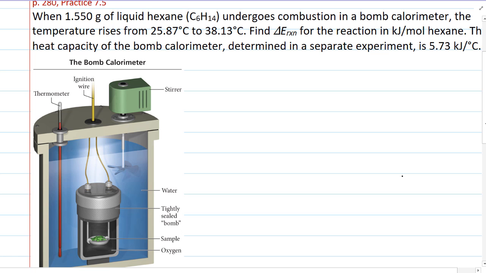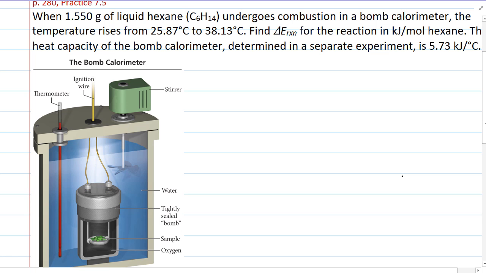So what we're reading here is an example of what happens when we're using the bomb calorimeter. It says that we place the hexane into our sample cup and ignite it, which means it goes through combustion in the bomb calorimeter. The temperature rises from 25.87 degrees Celsius to 38.13 degrees Celsius.